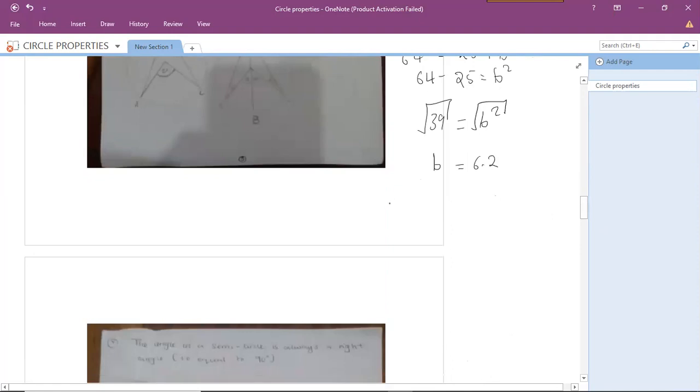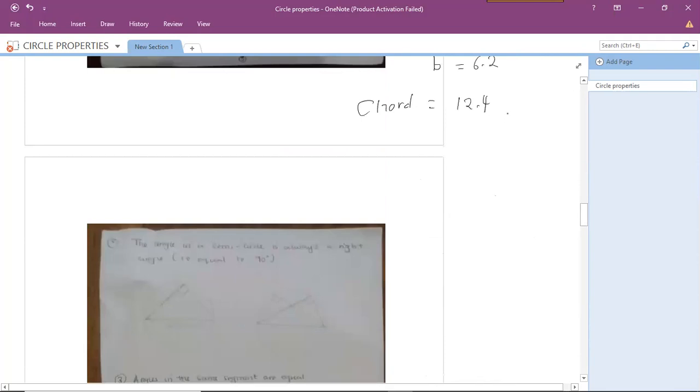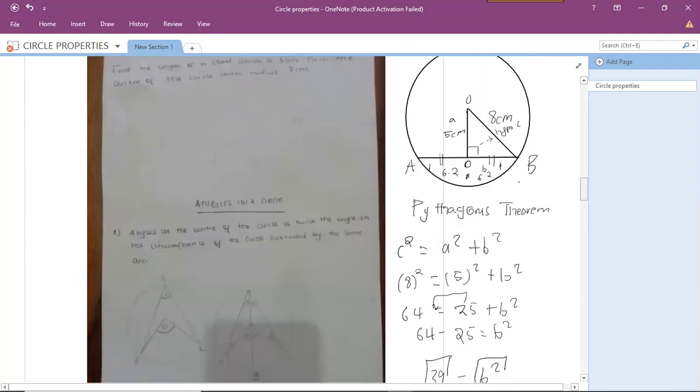Therefore, the distance of the chord is 12.4. Were we given units there, centimeters? 12.4 centimeters makes perfect sense. So the entire distance from A all the way to B is 12.4 centimeters.